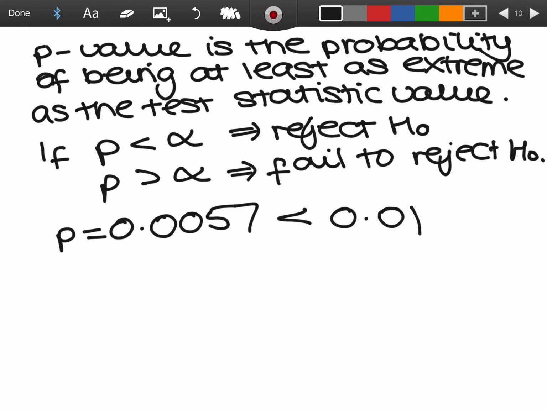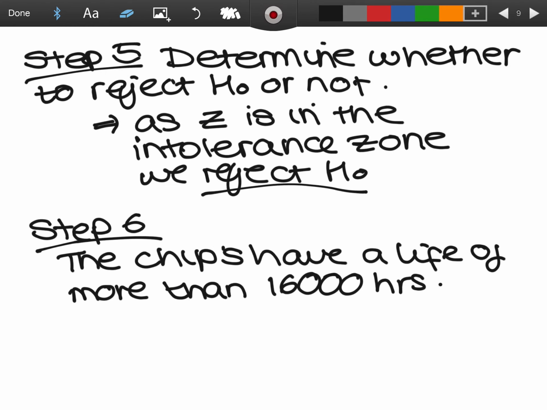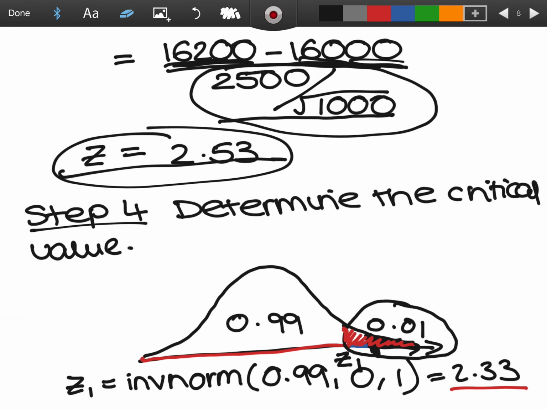Go ahead and try the homework on 11.2a. You can do it the short way if you want, like I've just taught you with p-values. Some of it may ask you to deal with some critical values, in which case you will have to try and find the critical values using inverse norm, just as we did back here at the bottom. So you may have to go ahead and find some critical values.